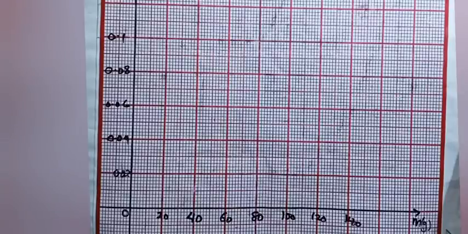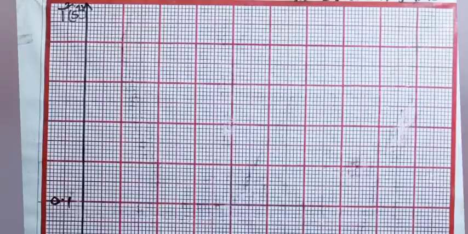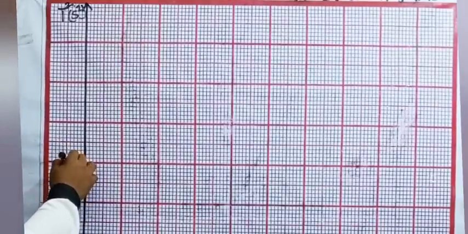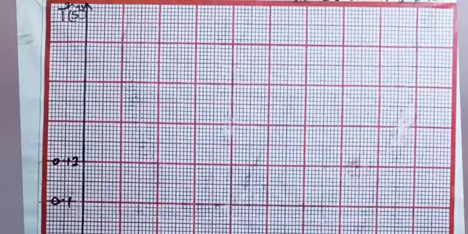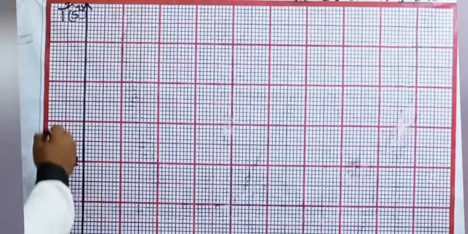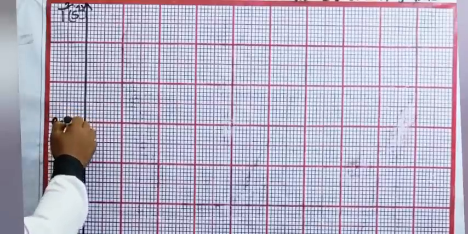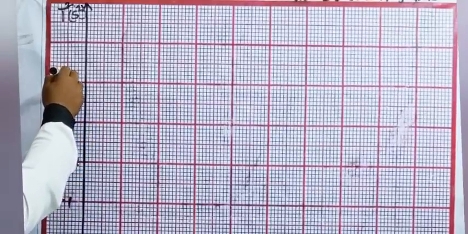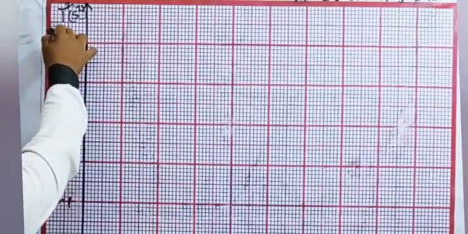Then if you add another 0.02, you're going to have 0.12. So this is going to be 0.14, and then this is going to be 0.16, and this is going to be 0.18.